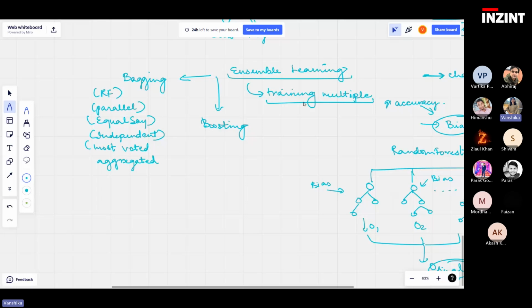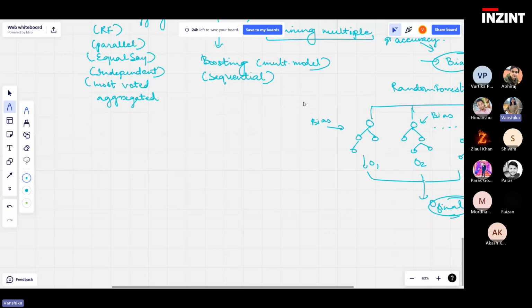Whereas in boosting, here also we are training multiple models, but these models are trained sequentially. Sequential training means that I might have model one, which gave me some output. That output was fed to model two, model three, and model n, and finally the output that I get is given by model n.